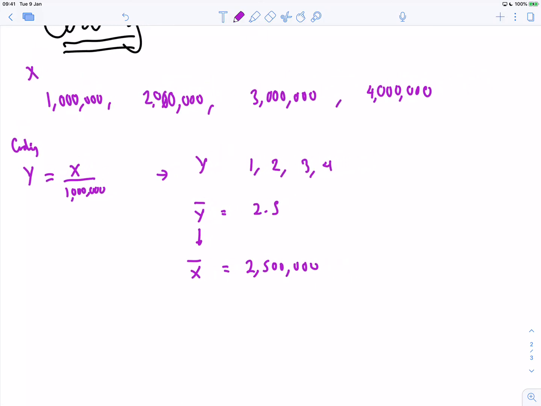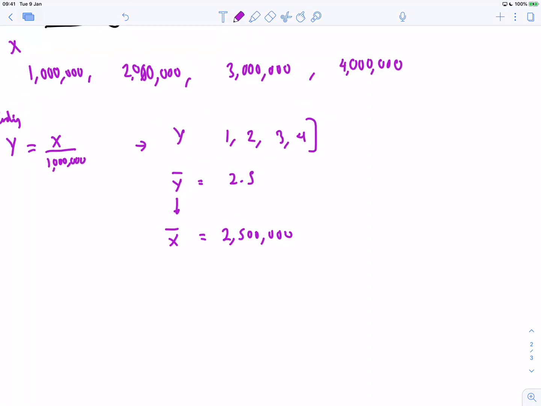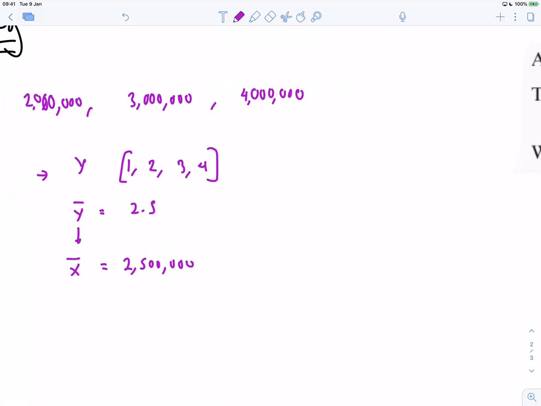However, you're going to have to be really, really careful when it comes to the standard deviation. The standard deviation is not so straightforward. So what do I mean by that? Well, the standard deviation of these numbers is just going to be the square root of the sum of y squared over n minus the sum of y over n, all squared.